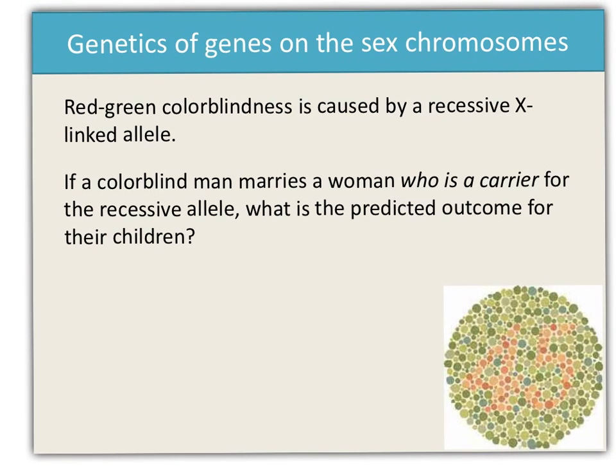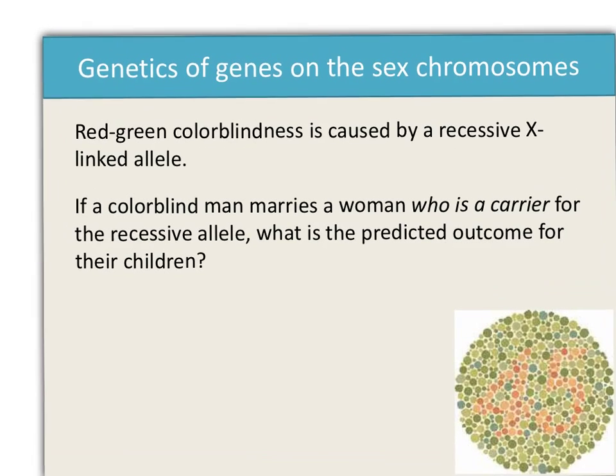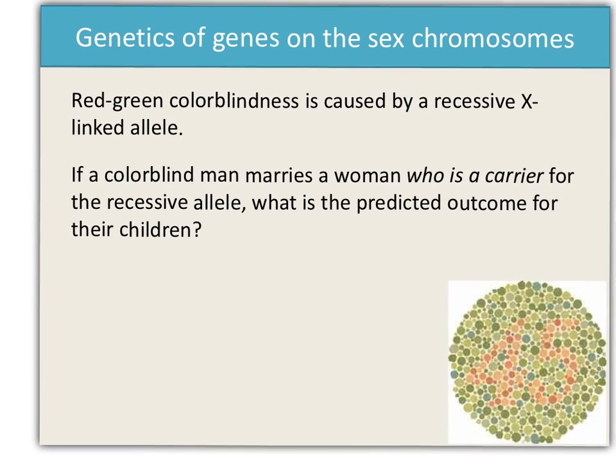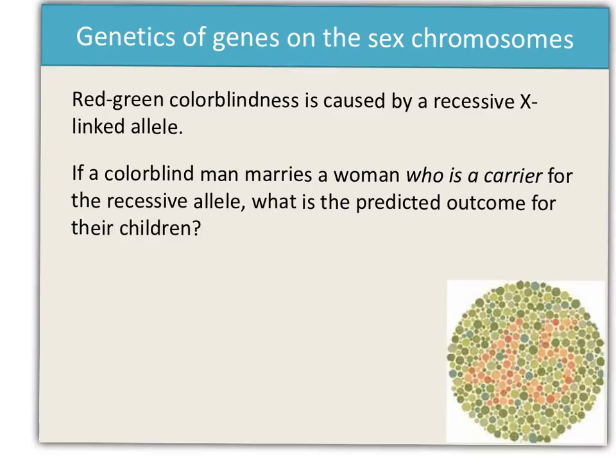So, in this case, red-green color blindness is caused by a recessive X that is only donated, well, we'll see. If a colorblind man marries a woman who is a carrier for the recessive allele, what is the predictive outcome for their children? So, colorblind man is X, Y, and the X is a mutant.